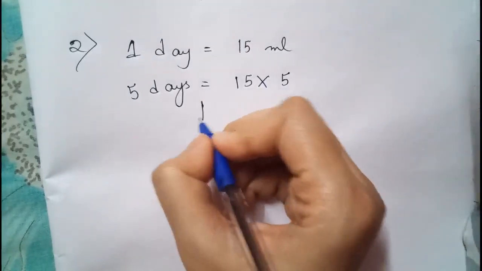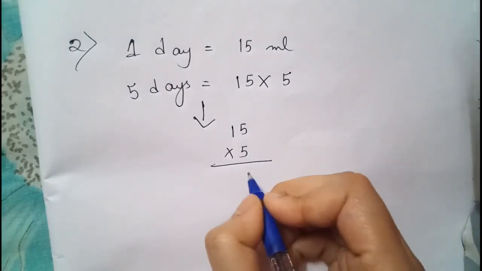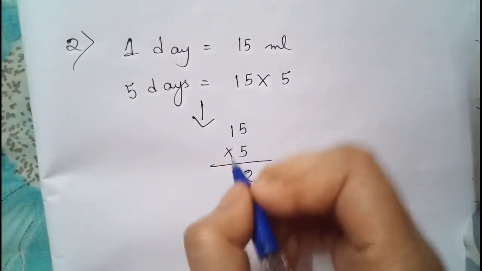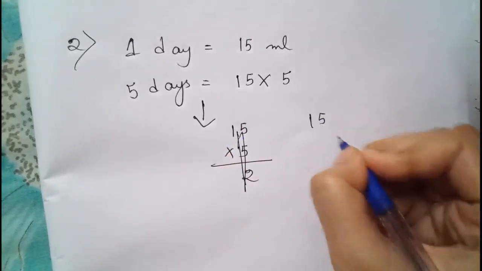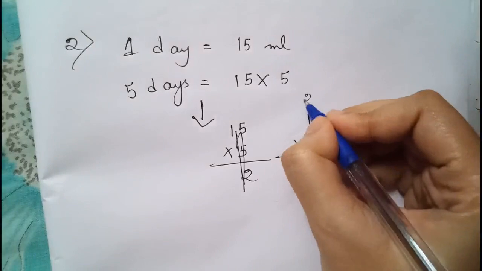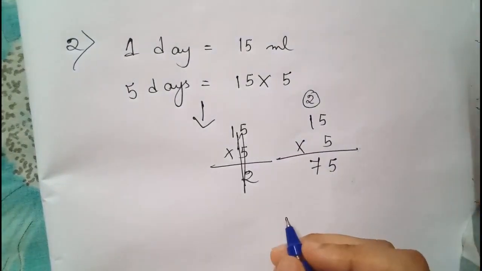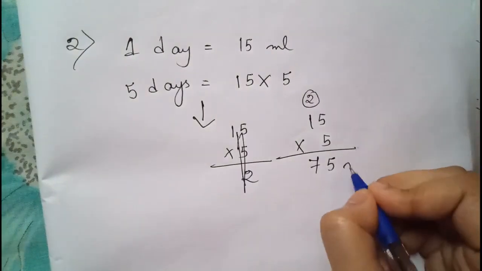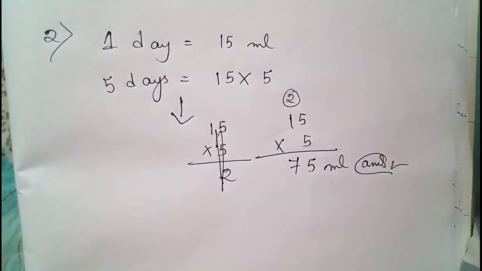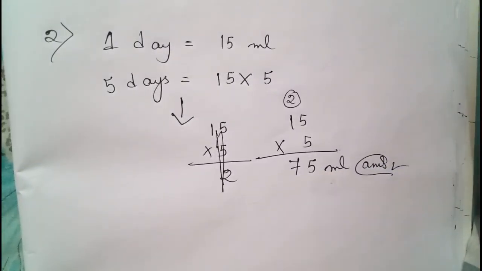So here I am showing it, 15 into 5. 5 5s are 25, 5 will come here, carry 2, 5 1s are 5, 5 plus 2 is 7, right? So the answer is 75 ml. So Nitu will need 75 ml of medicine in 5 days.